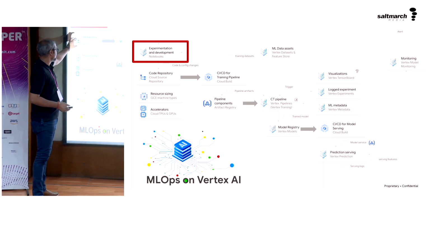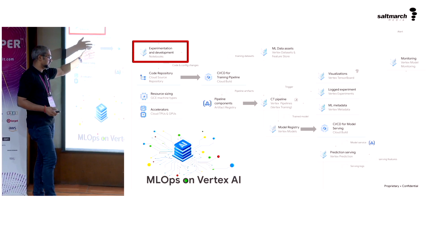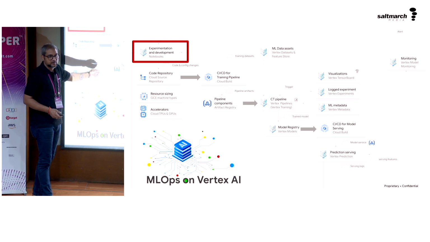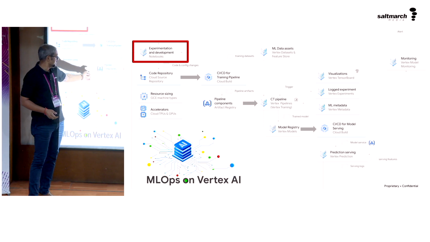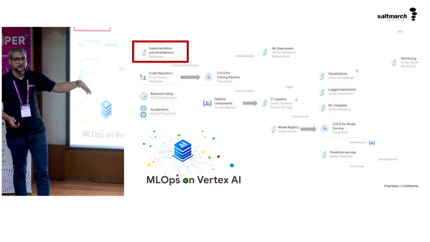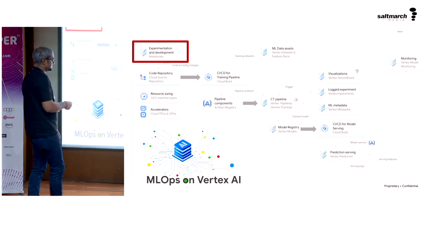Once I'm done with my experimentation, I can dump it into the cloud repository, where Cloud Build will kick in for the CI/CD pipeline. It will create a container and put it in the Artifact Registry, where I can version control my containers. This container will be used for continuous training in Vertex AI, which will be triggered by Vertex AI pipeline.